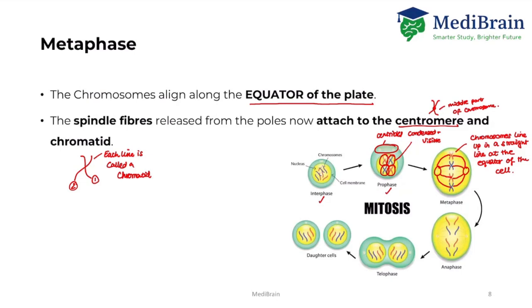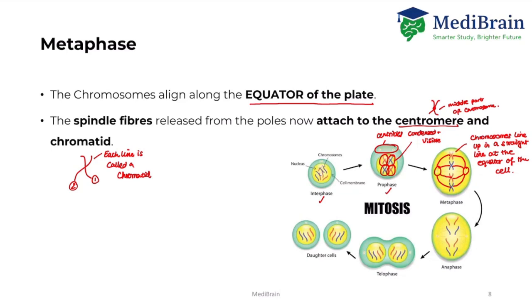Okay, so to summarize, in metaphase, the chromosomes are now lining up at the equator of the cell in a straight line. The centrioles, which have moved to the opposite ends of the cell, are going to be releasing their spindle fibers.